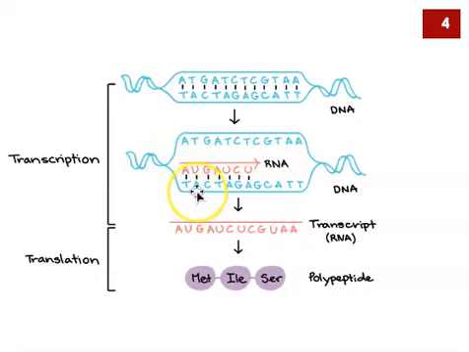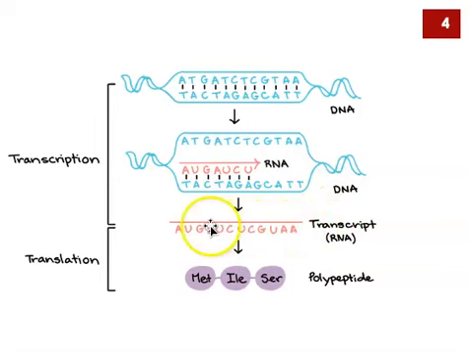When there's an A in the DNA, however, there are no T's in RNA, so we have to use a U there for uracil. If there's a C in the DNA, there'll be a G in the RNA. And over here you can see if there's a G in the DNA, there'll be a C in the RNA. Complementary binding.